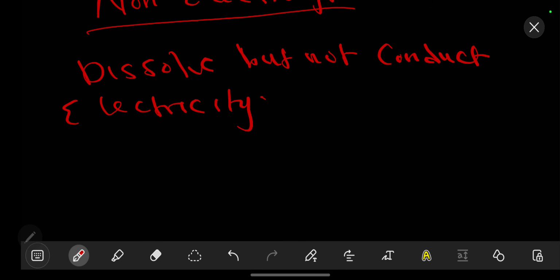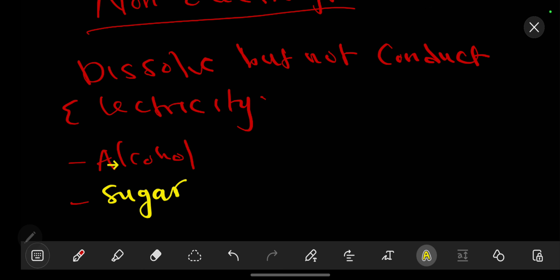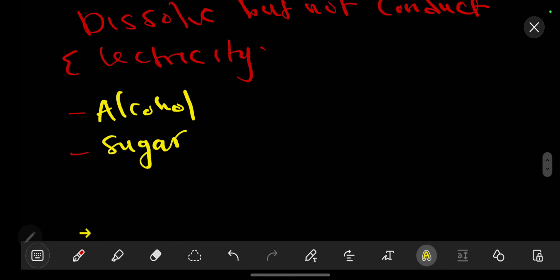Remember, we are looking at substances such as alcohol. We might talk about sugar. Many people just know these to be non-electrolytes, but for the sake of the exam, you should know more, because sometimes they might ask you to give examples of non-electrolytes beyond alcohol and sugar. Mention at least 3. The other non-electrolyte that we have is benzene.